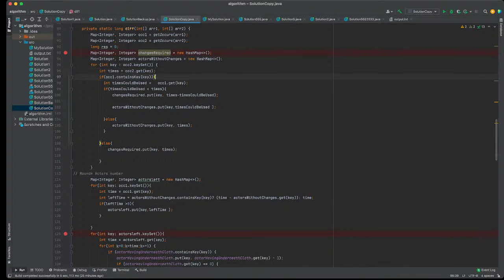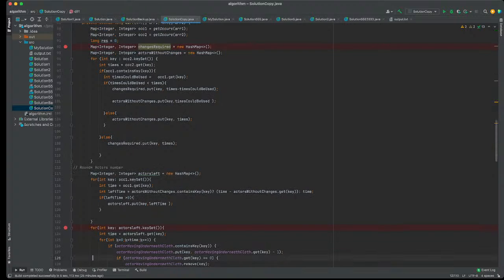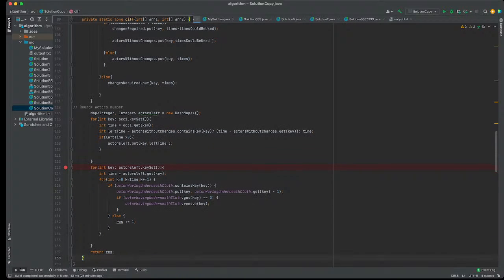If this clothes does not occur in the previous stage, then changes are required to make this number of occurrences happen. This changes-required map indicates the changes required. Some actors are inherited from the previous stage without any change, and the actors left will be the actors except those inherited from the previous stage.